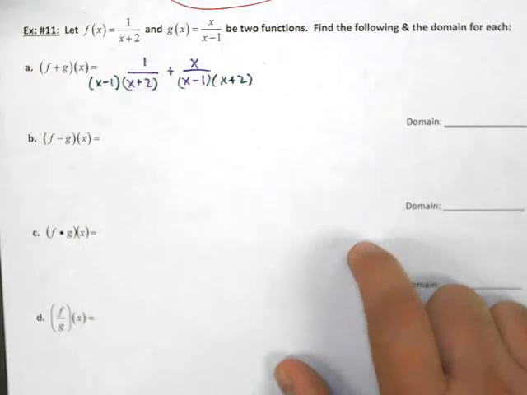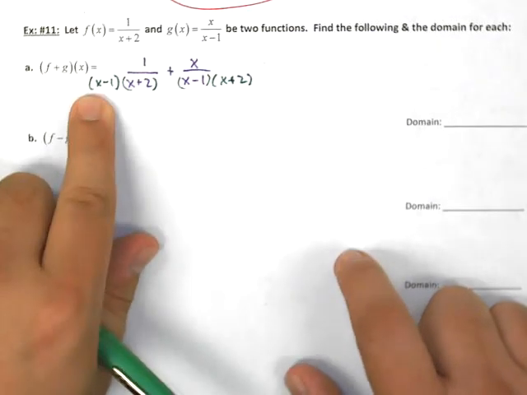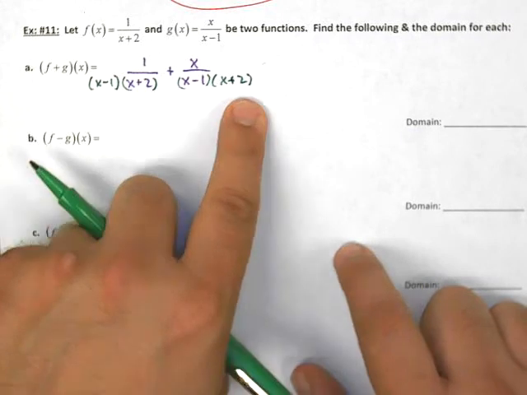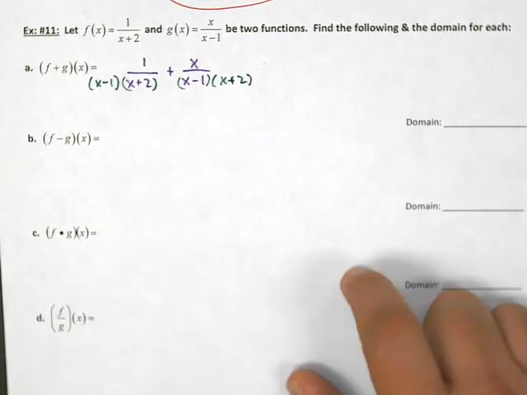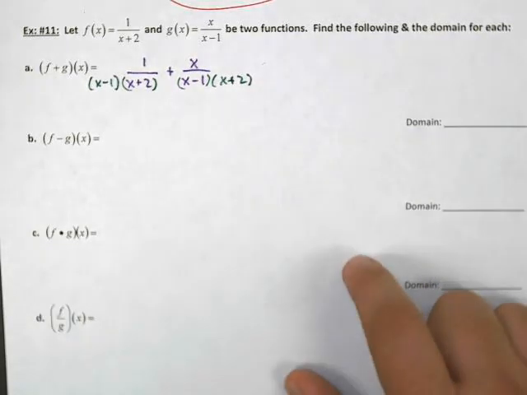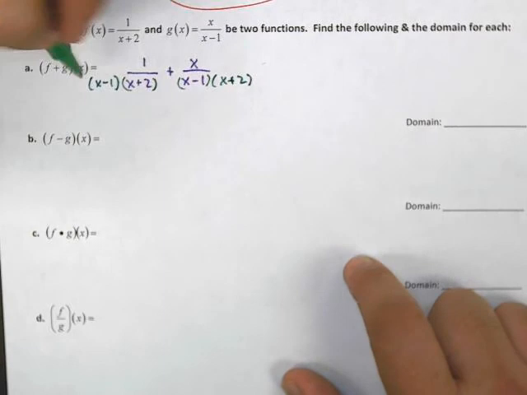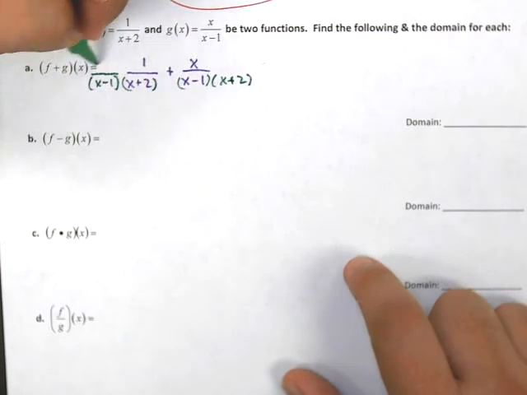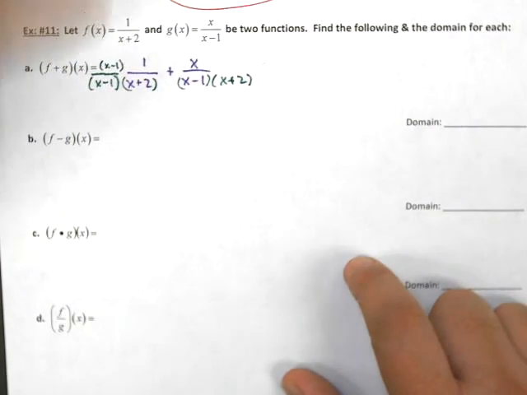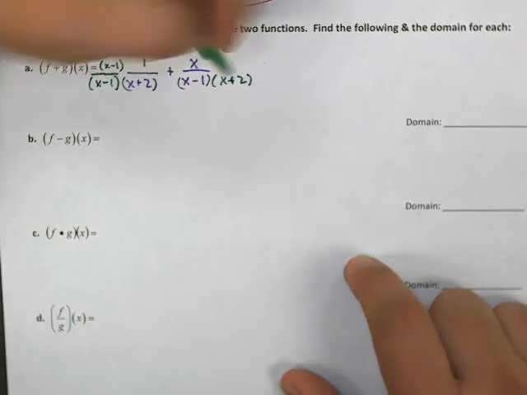And then what's really important though, can you just multiply by x minus 1 on the bottom, or on the right side x plus 2 on the bottom? Absolutely not. That would change the value. When we multiply, the only way to multiply without changing the value is to multiply the top and bottom by the absolute same thing, because what is x minus 1 over x minus 1? It's just 1. Alright, so that does not change the value.